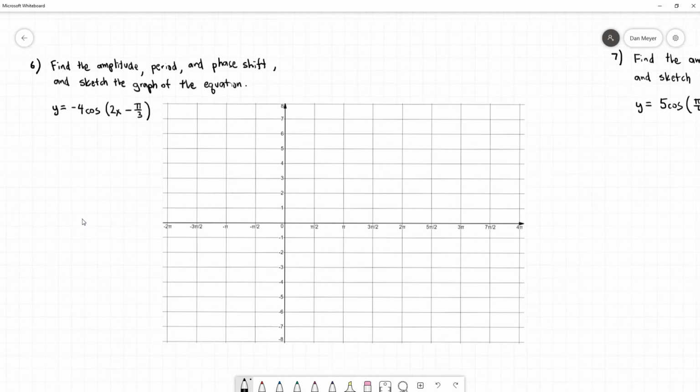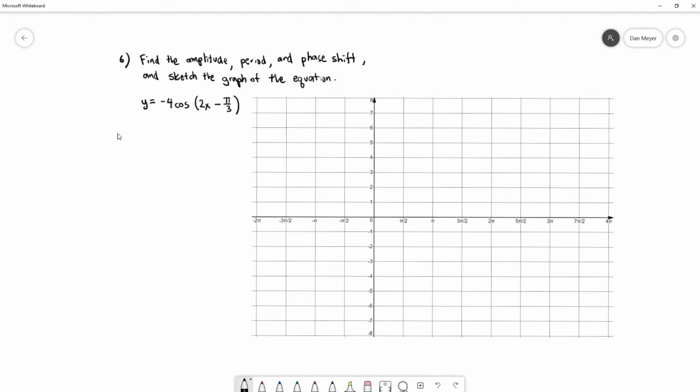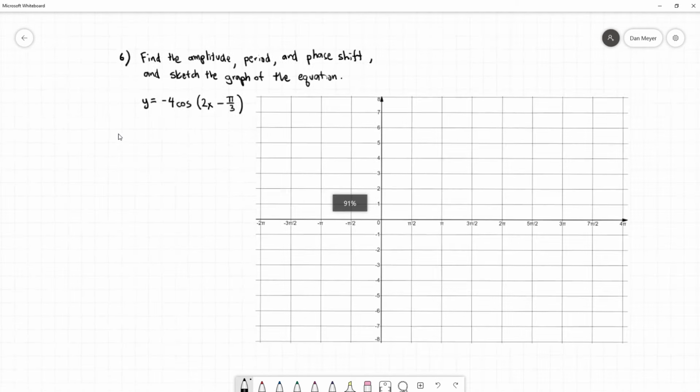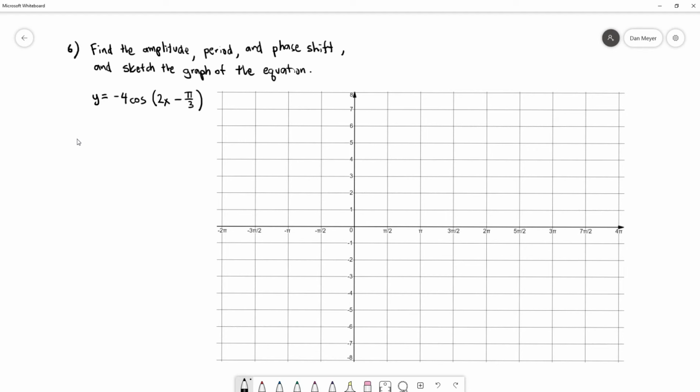All right, find the amplitude, period, and phase shift, and sketch the graph of the equation. I guess the instructions are going to be the same every single time here, aren't they? All right, so our amplitude is going to be the absolute value of -4, which is 4. The period is 2 pi divided by the b value, which is 2 in this case.